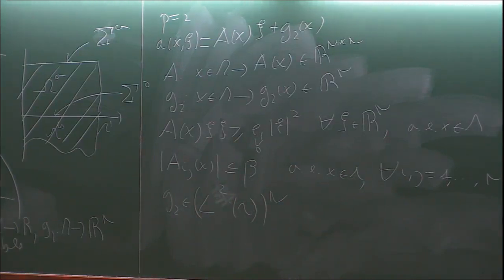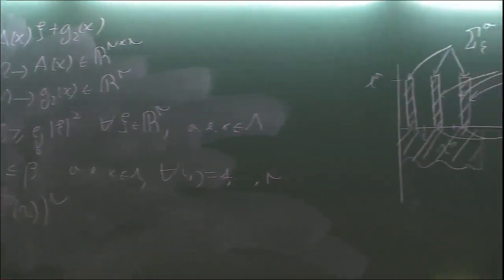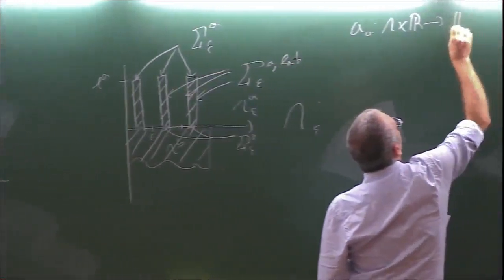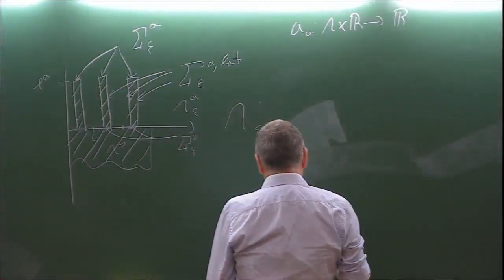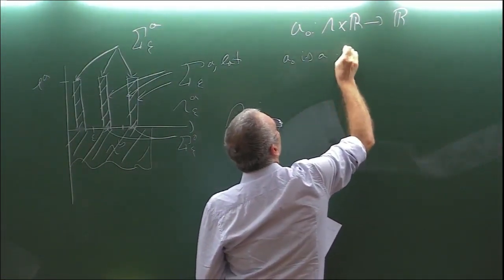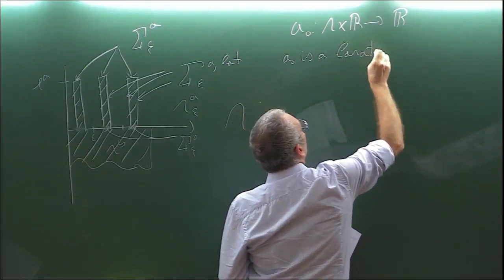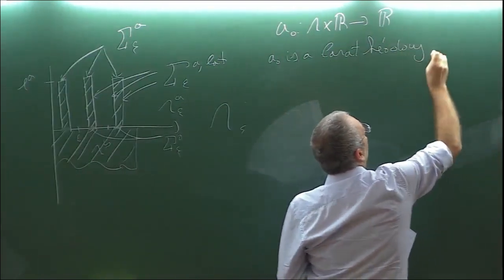Okay, let us introduce another function, H0, from omega cross R in R. H0 is a Caratheodory function.